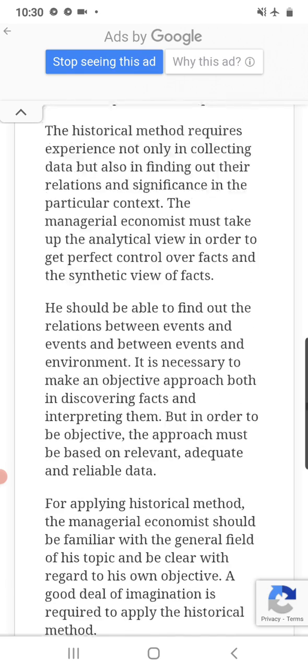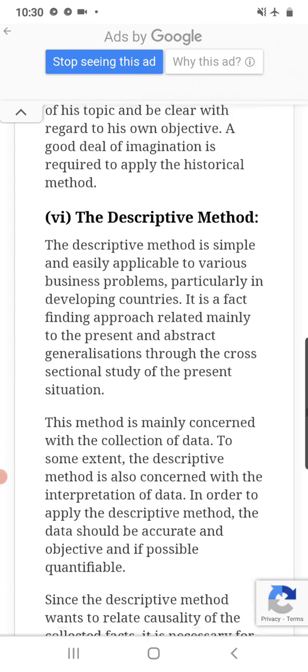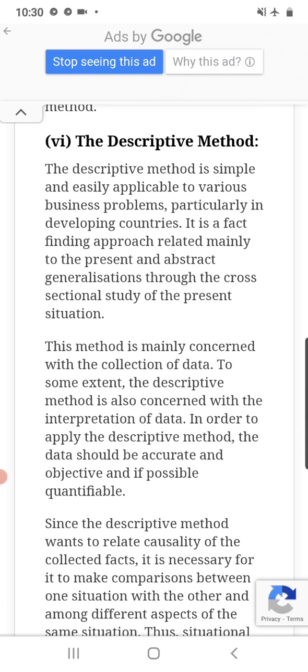Okay, the next one is all about the descriptive method. What is the descriptive method? It is simple and easily applicable to the various business problems, particularly in the developing country. In the fact finding approach related to the mainly present abstract generalization through the cross section study of the present situation. This method is mainly concerned with collection of the data. To some extent, the descriptive method is not concerned with the interpretation of the data.